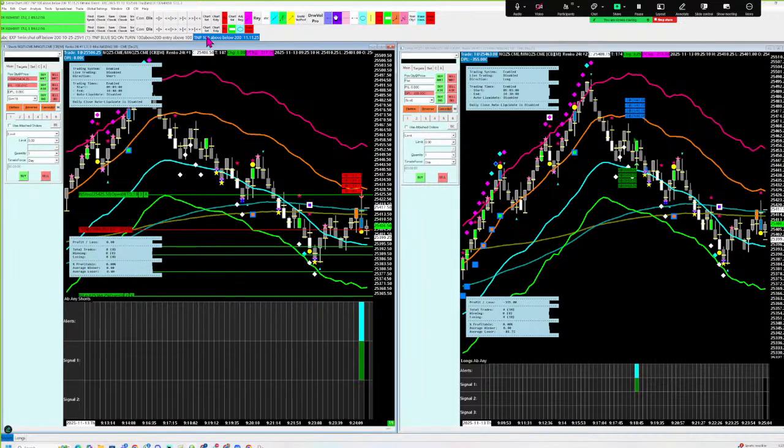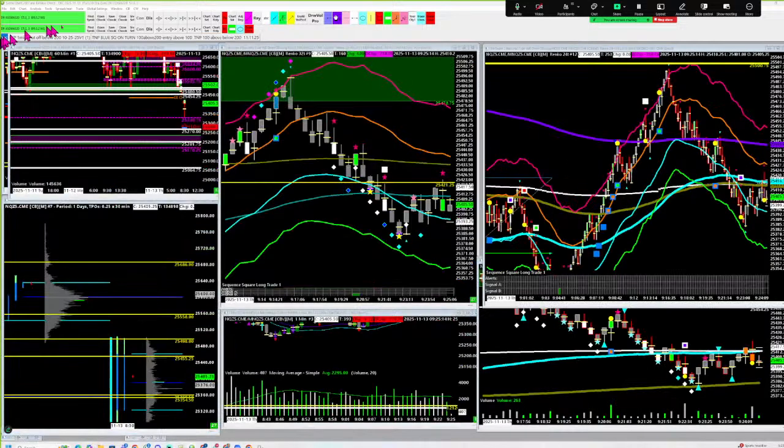Yep. We'll see what she does. I'm very concerned about how wide the range is in general. But I'm going to let it run.